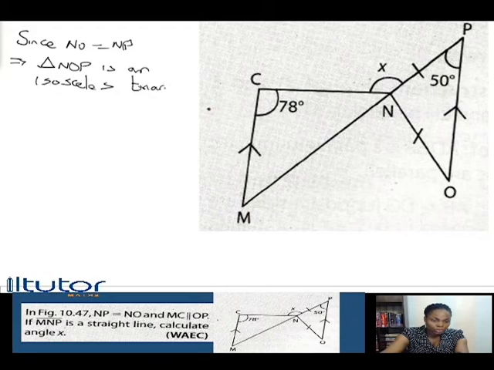For it to be an isosceles triangle, its base angles are equal.